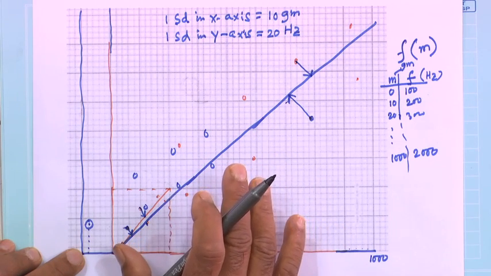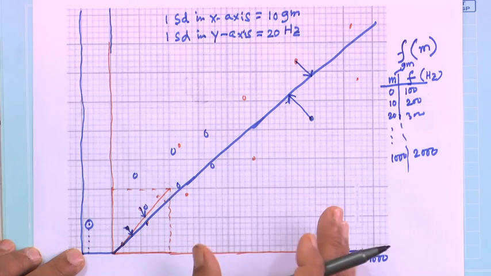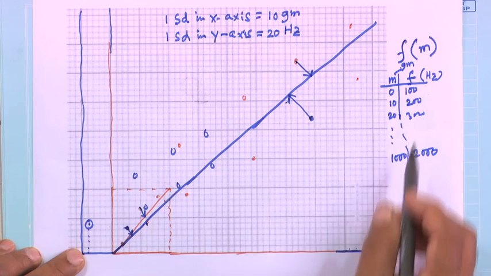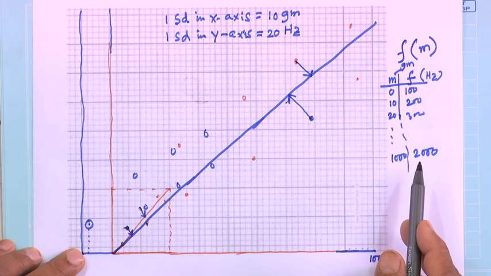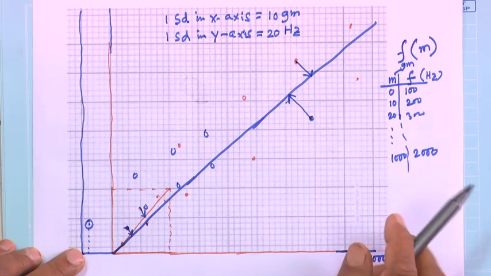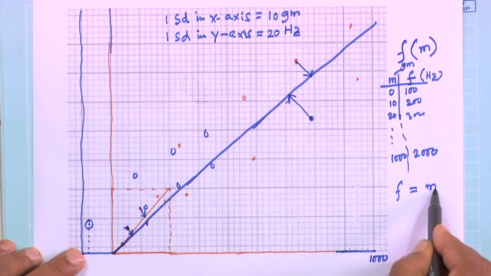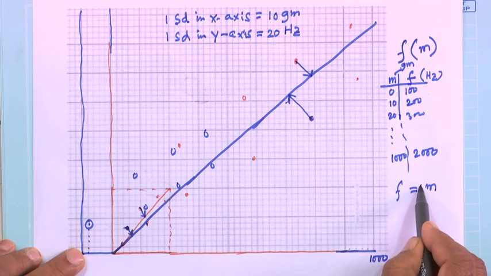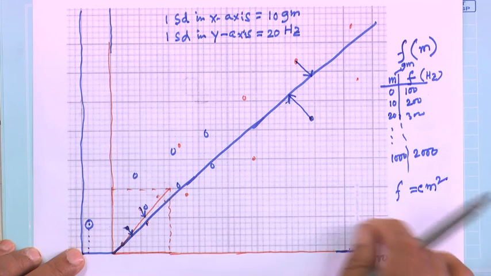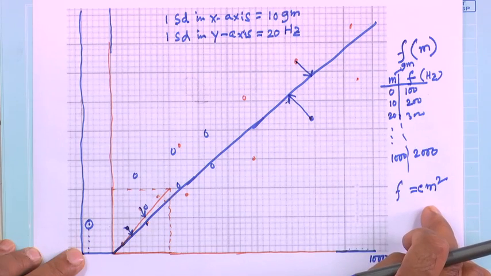Depending on your data and your theoretical knowledge, whatever the dependence of y and x, what is the relation between y and x. In this case, frequency is related to the mass m with some constant, or it depends on the square of mass. So the curve depends on that.